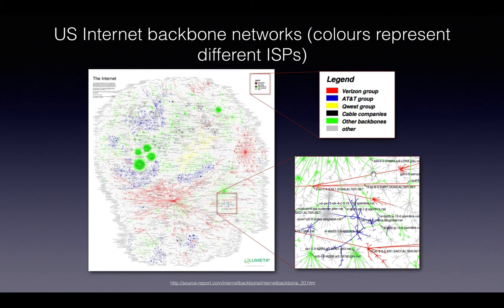This is a network map of a portion of the internet, and it's color coded to show you the different companies that are responsible for the different bits of the hardware.